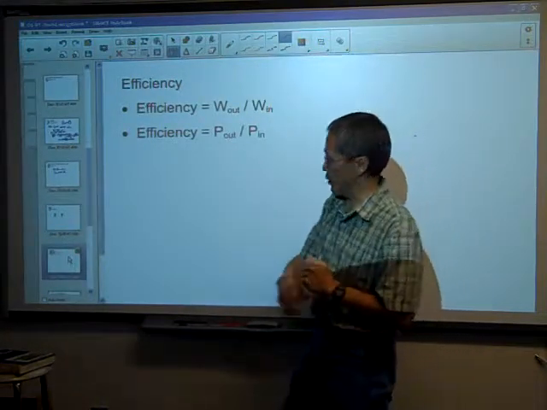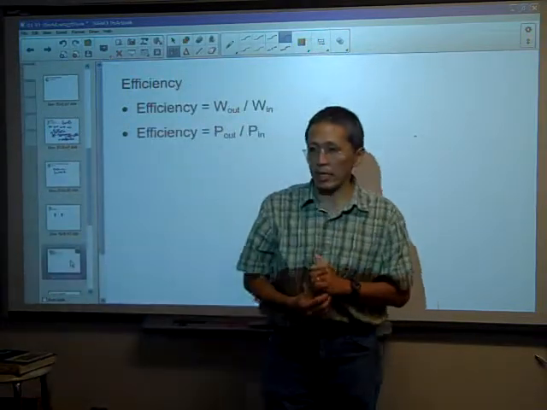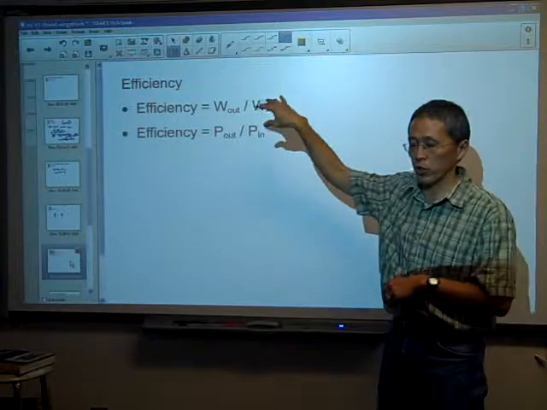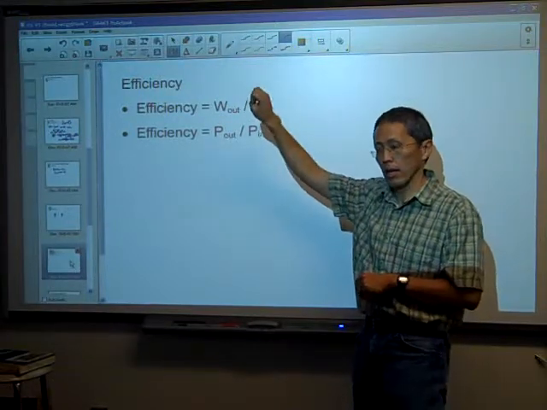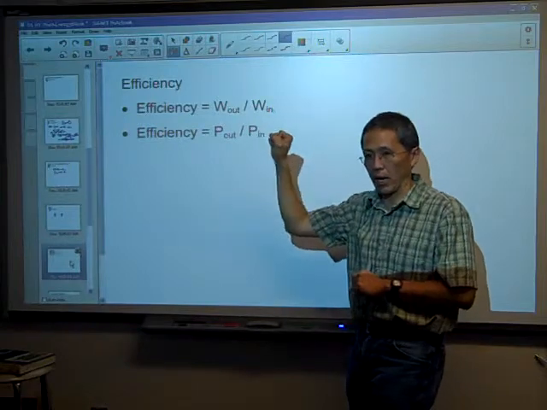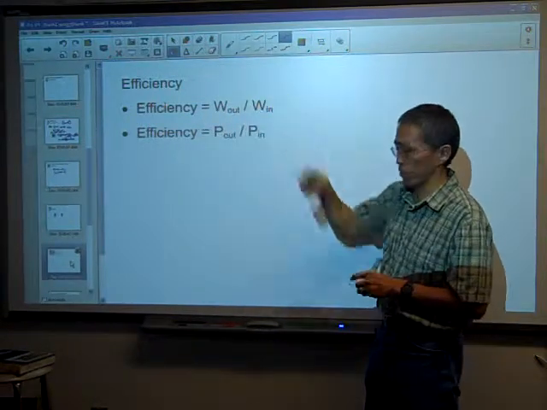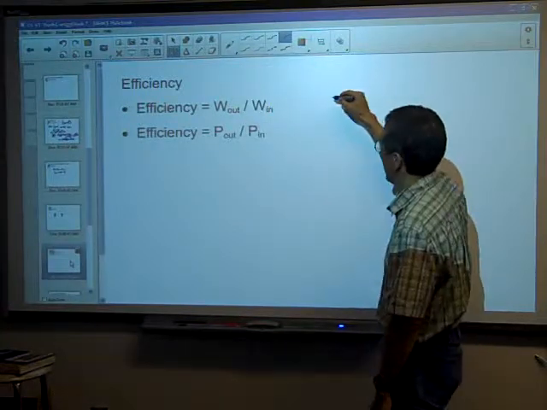See if I have anything else very useful. Efficiency. This is kind of what I talked about back here. Efficiency is how well a machine or whatever you're working with gets power out or energy out. So efficiency is work out over work in, or energy out over energy in.